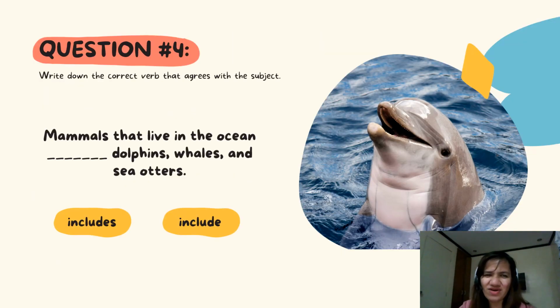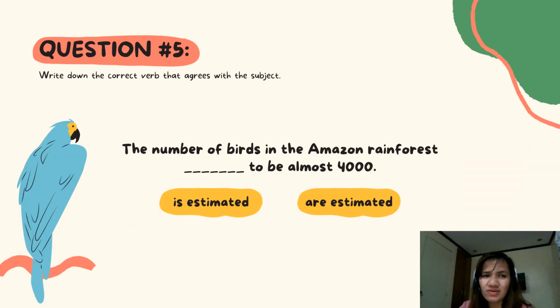Okay, for number 4, look at the subject there. What is the correct verb that agrees with the subject? Mammals that live in the ocean: dolphins, whales, and sea otters. What is the correct verb for the subject, mammals? Is it includes or include? Okay, for number 5, the number of birds in the Amazon rainforest, blank, to be almost 4,000.